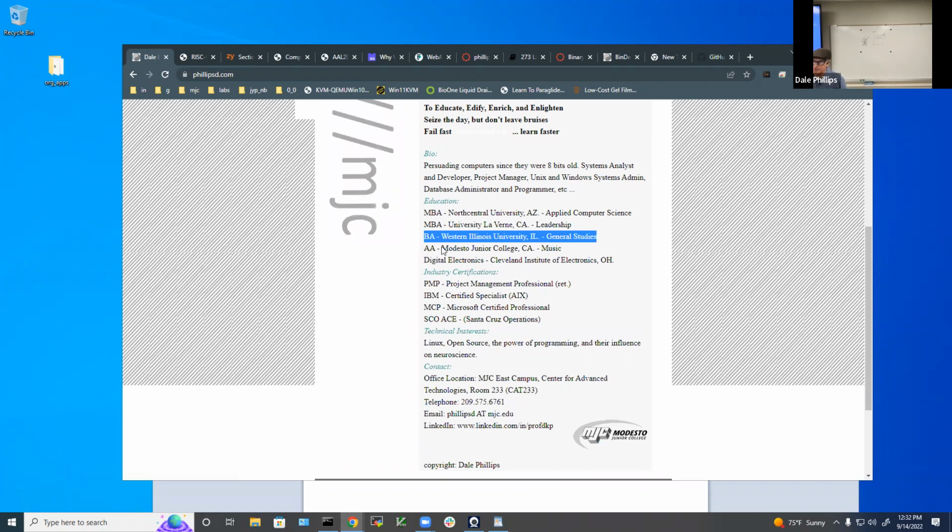This is Western Illinois Governors Institution. It was called Western Governors University. Every single unit was taken at other colleges and transferred in. My only requirement was I had to take 20 or 30 units from their institution.